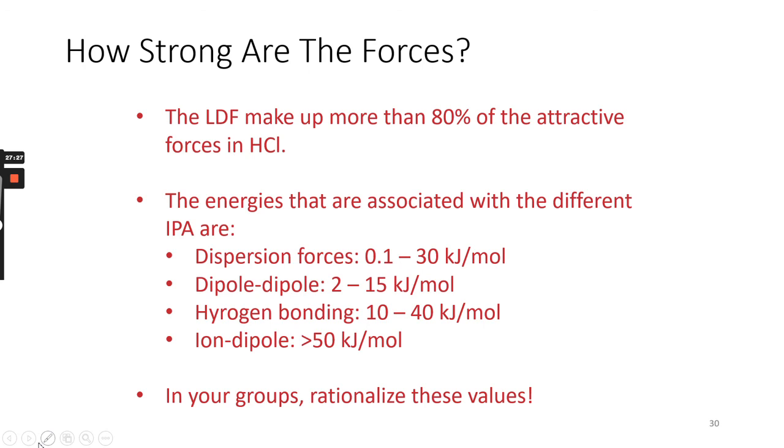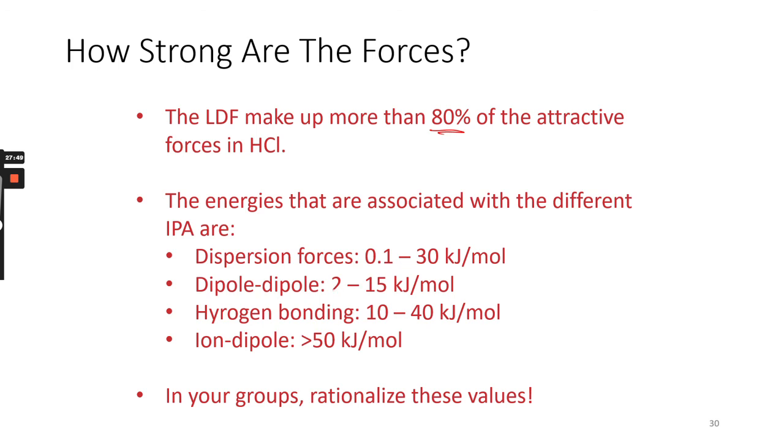So how strong are these forces? Well, London dispersion forces make up more than 80% of the attraction forces in hydrochloric acid. The energies associated with dispersion could range from 0.1 all the way to 30, so it could be very, very strong. So don't underestimate the dispersion forces.